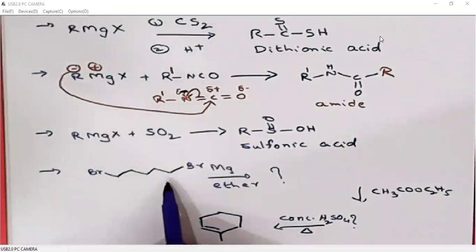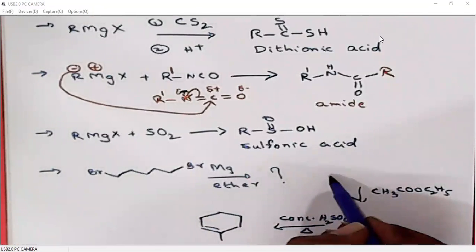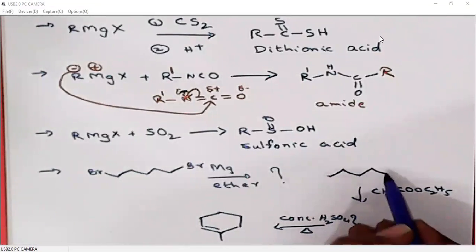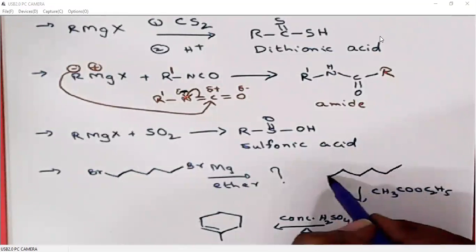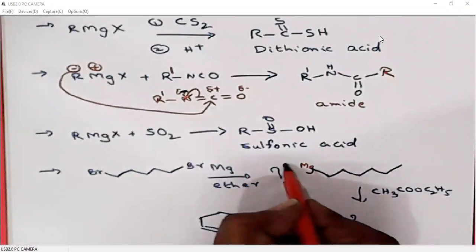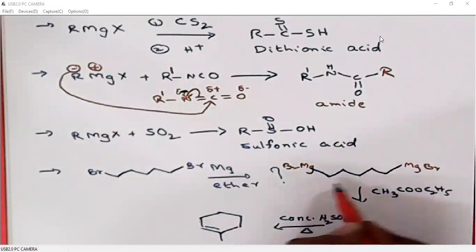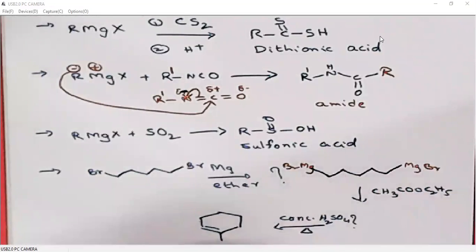When alkyl halide is treated with magnesium, we generate Grignard reagents. So just insert magnesium between this carbon and halogen.